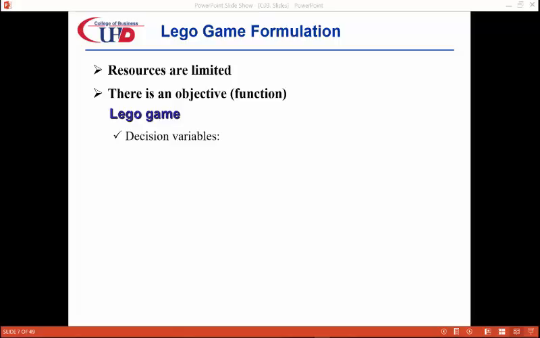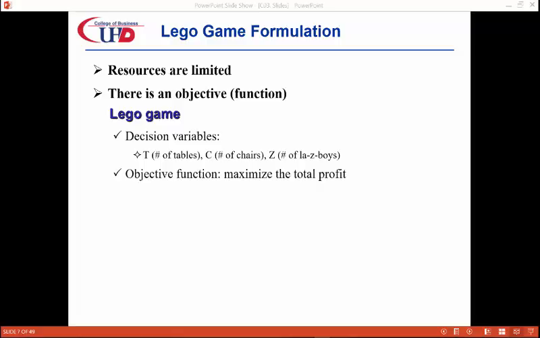First, we need to pick out decision variables. Obviously, that must be the number of tables, the number of chairs, and the number of lazy boys we want to make. We will use capital T, capital C, and capital Z to represent them respectively. Second, we need an objective function constructed from decision variables T, C, and Z. Our objective is to get the highest possible profit.